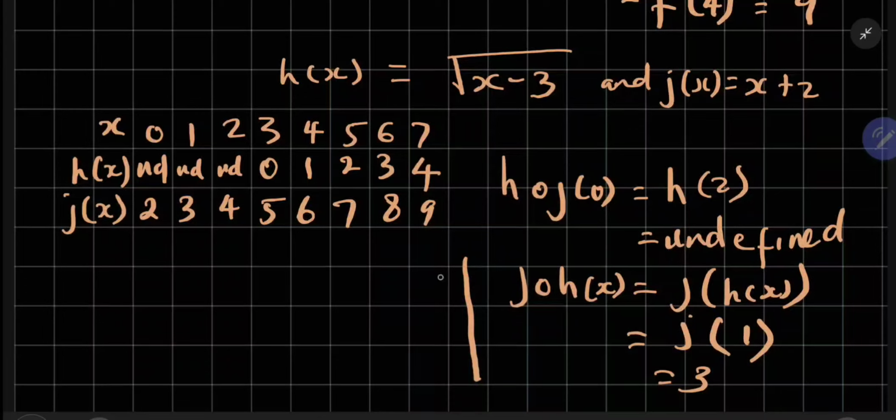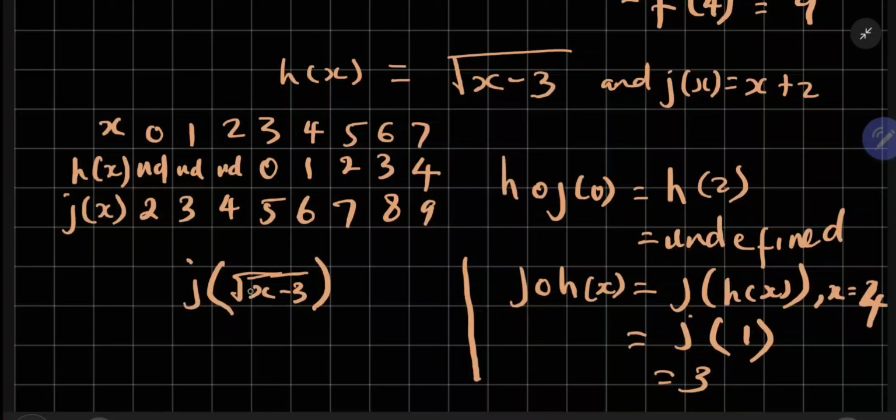Or we can use the other method I mentioned earlier, where we use the functions. j is x plus 2 and h is root x minus 3, where here we want x to be 4.